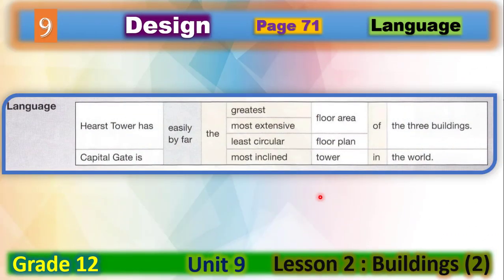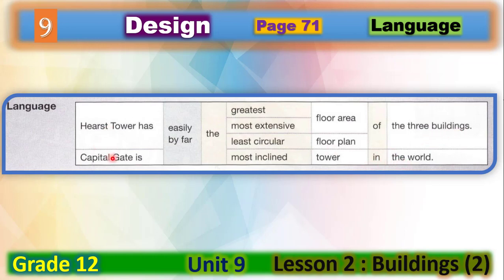And let's have a look at the language box. And let's read the examples in the box together. Hearst Tower has, we can say easily or by far, the greatest, or we can say the most extensive, or the least circular, or the most inclined floor area, floor plan, or tower of the 3 buildings or in the world.